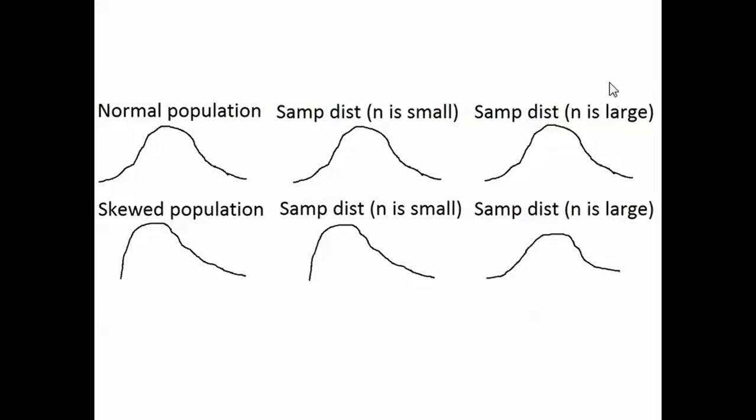At this point, you might be wondering why the central limit theorem is an important idea. In later videos, we'll talk more about its importance, but for right now, I wanted to give you a quick preview of why it's important. Basically, if you're taking a sample from a normal population, or if you're taking a sample of at least 30 from a skewed population, and you know that the sampling distribution is normal, then it's possible to predict how far your sample mean is likely to fall from the population mean.